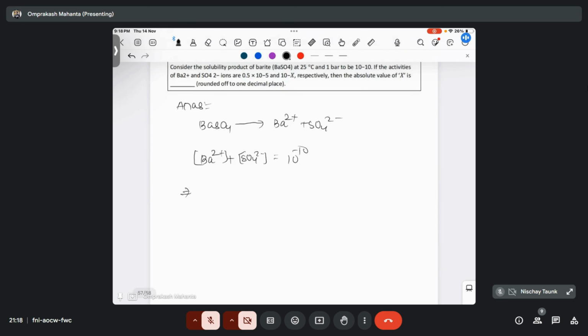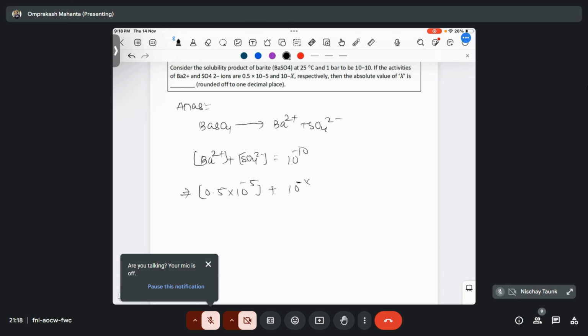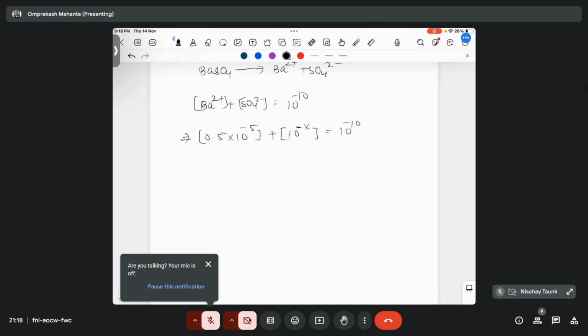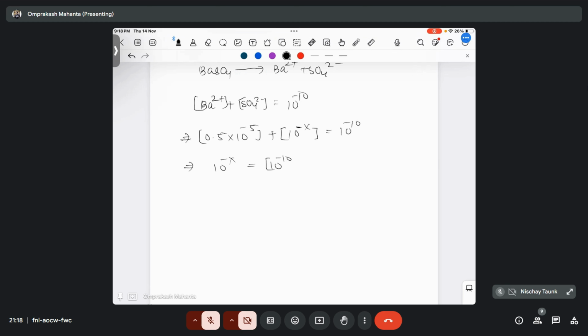So Ba2+ is given as 0.5 into 10 to the power minus 5, and SO4 is given as 10 to the power minus 6. It is 10 to the power minus 10. So if I put 10 to the power minus 6 on this side, it becomes 10 to the power minus 10 divided by 0.5 into 10 to the power minus 5.